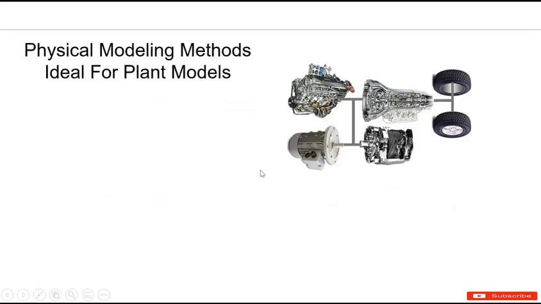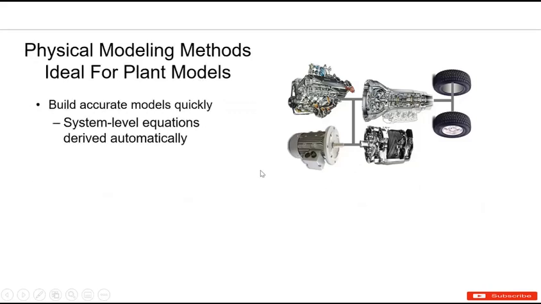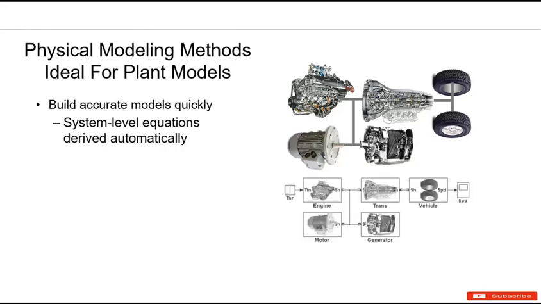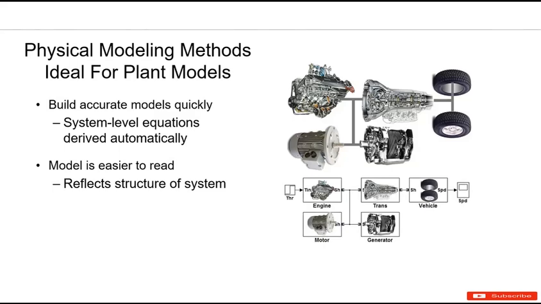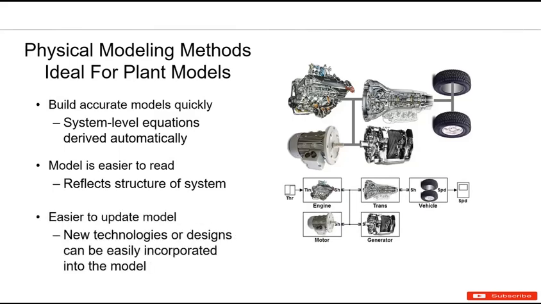But with physical modeling, the system level equations do not need to be derived, because the blocks already have them derived within. You just need to use them and connect them physically, so the model is easier to read and you understand the structure by looking at the model, and new technologies or designs can be easily incorporated into the model.